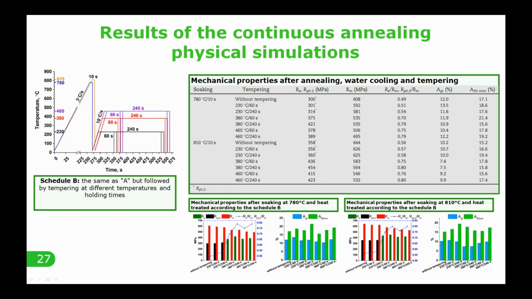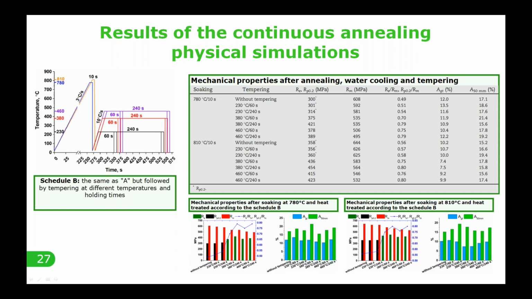The results of mechanical properties measurement following the simulations of tempering are given in the table and charts below. Tempering at 230 centigrades doesn't significantly affect either the proof stress or elongation to fracture.